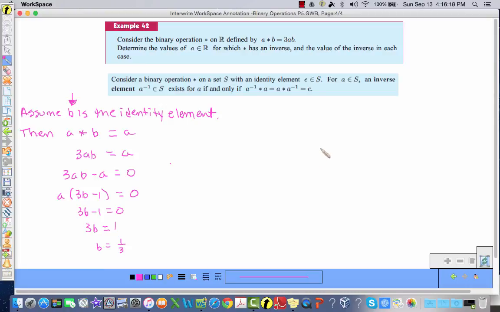I'll do this part in blue to answer this question: determine the values of A for which star has an inverse. So here we go.